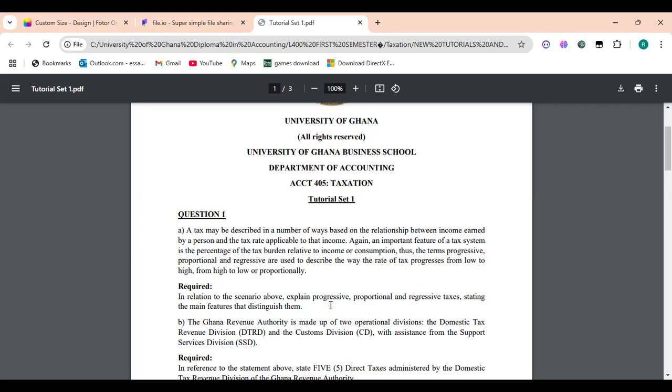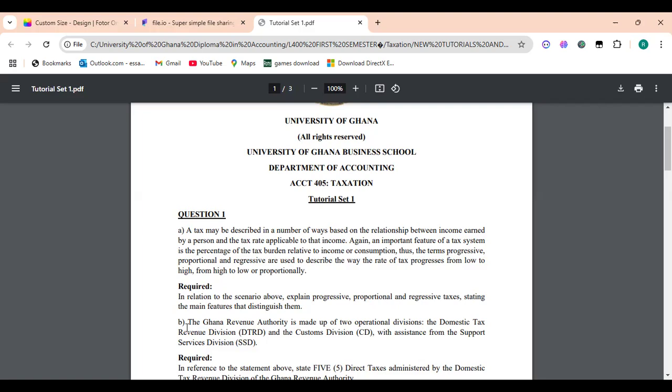So the distinguishing feature here is that for progressive, when income level increases, the tax rate also increases. For proportional, when the income level increases or decreases, the tax rate stays the same. And for regressive, as the income level increases, the tax rate decreases or reduces. All right.